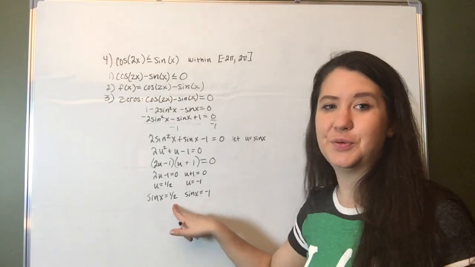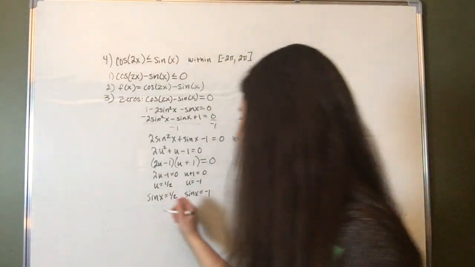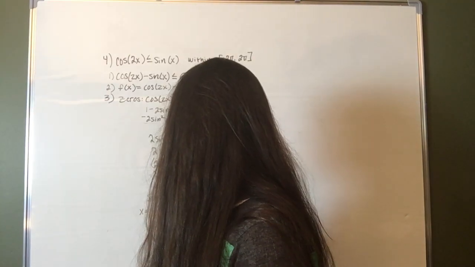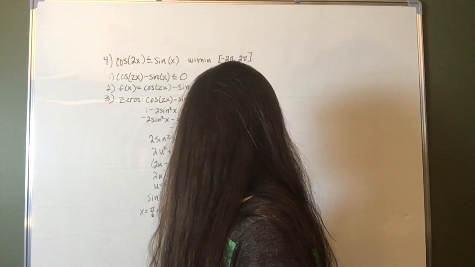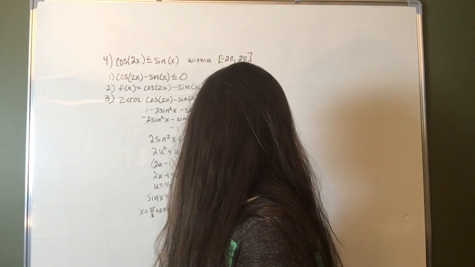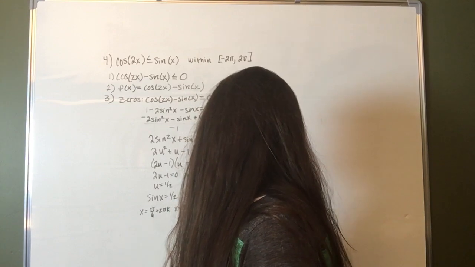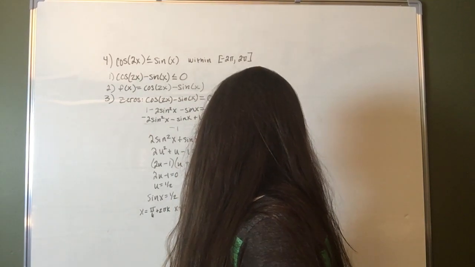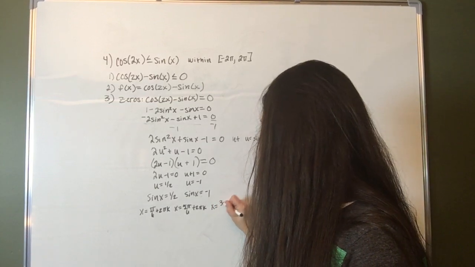So where is sine equal to 1/2? That happens at pi over 6 plus 2 pi k. Or it also happens at 5 pi over 6 plus 2 pi k. And then where sine is -1, that only happens at one spot on the unit circle.